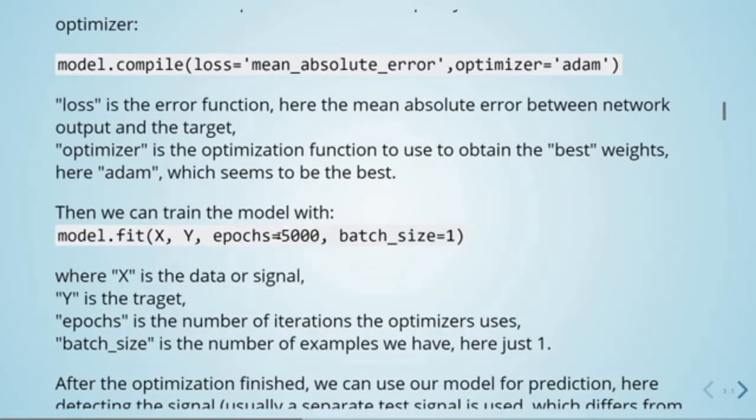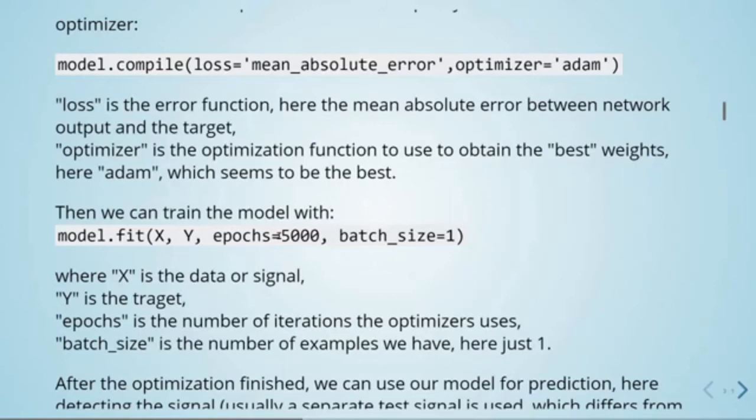So epochs is the number of iterations the optimizer will use, and batch size is the number of examples that we will have. In our case here it is just one, but the batch size determines how the update of the weights will take place, and the epochs is the number of times it goes through.